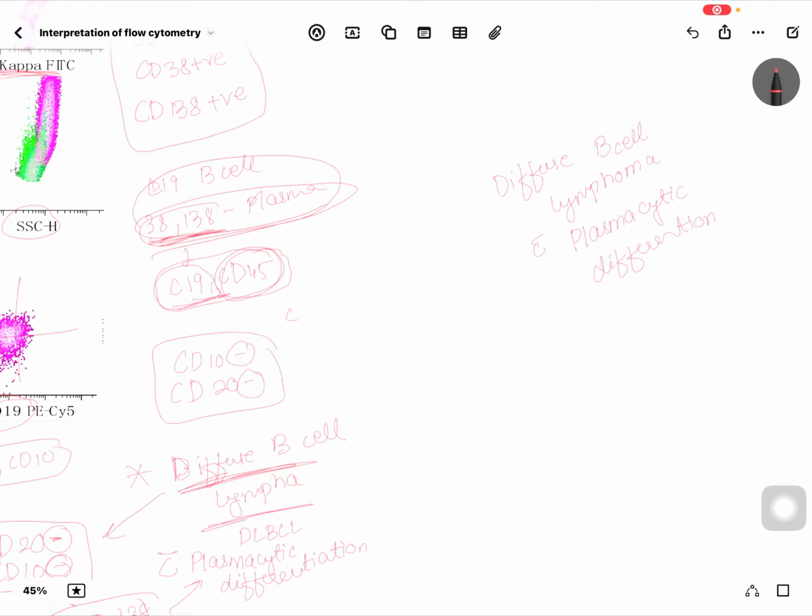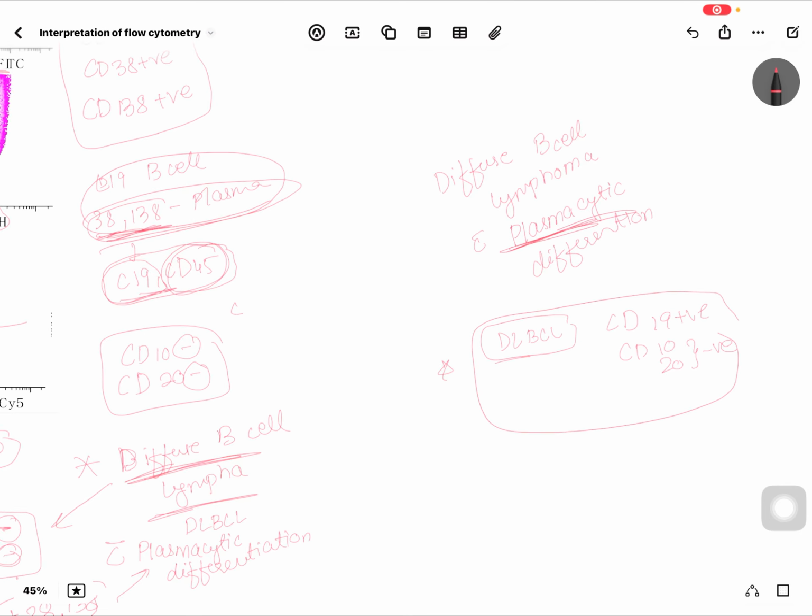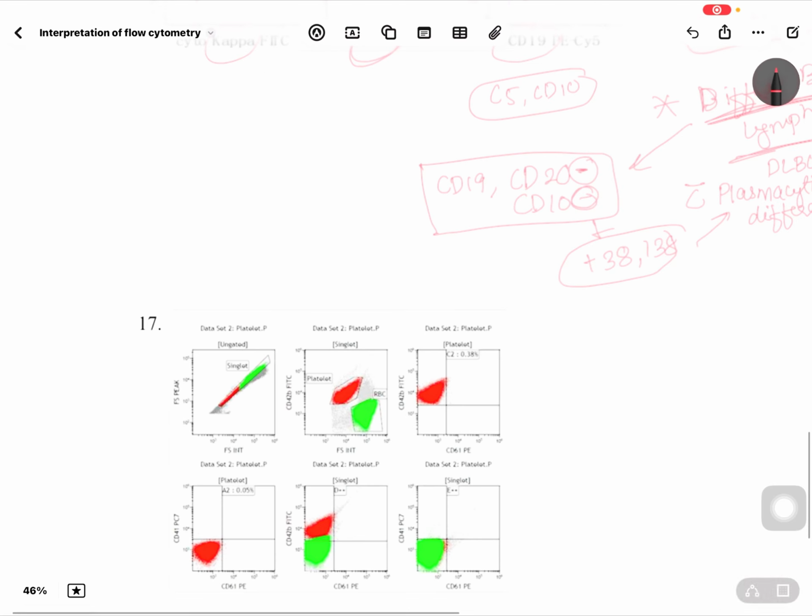Okay, we have already discussed DLBCL is CD19 positive but CD10 and CD20 negative. This is the most important clue for DLBCL and plasma cell differentiation. Why? Because CD38 and CD138 are present in this. Okay, then moving on to the next one.